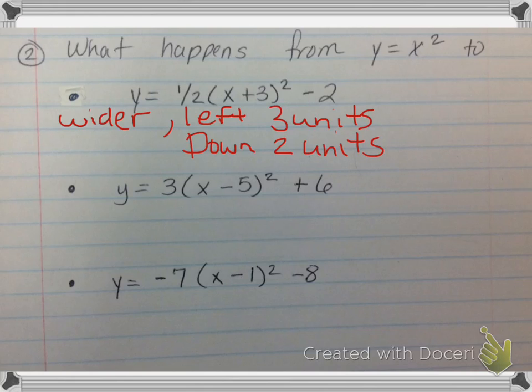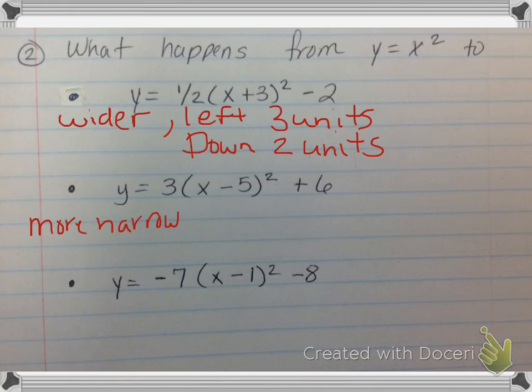All right. So when the number in front of the x squared or the parentheses is smaller than 1, it gets wider. So when we look at the second example there, if it has a 3, what do you think it's going to get? Narrower, which we use the word narrower or more narrow, because you guys keep saying that's not a word, but I don't know why these math book people use it.